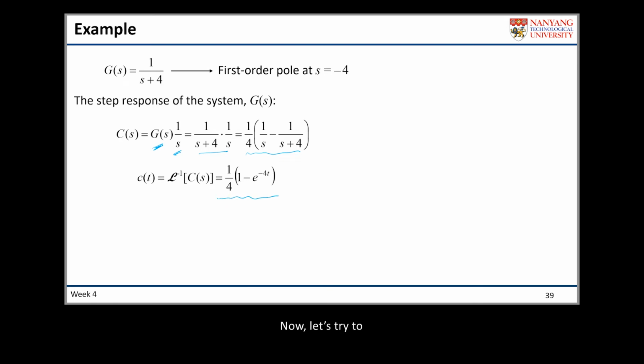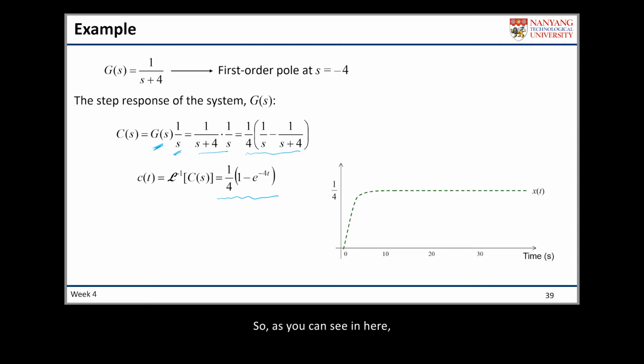After you transform it to time domain, this will be your response. Now let's plot this response as a function of time. If you plot it, the response will look like this. As you can see here, the response is not oscillating, but in time, the response will converge to one particular value.